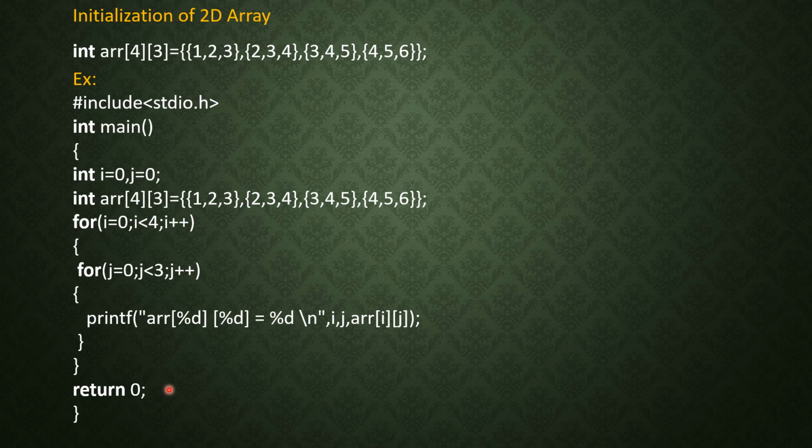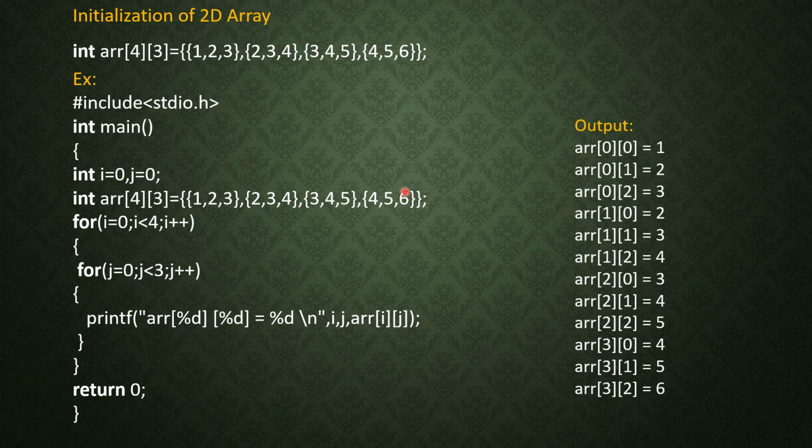So here is the output. It will be displaying array of 0, 0, the value. This is the array of 0, 0, this will be the array of 0, 1, and this will be the array of 0, 2. This will be the first row, and these are the columns. Same thing, this will be the second row, so you will be getting array of 1, 0 as 2, array of 1, 1 as 3, and array of 1, 2 as 4.